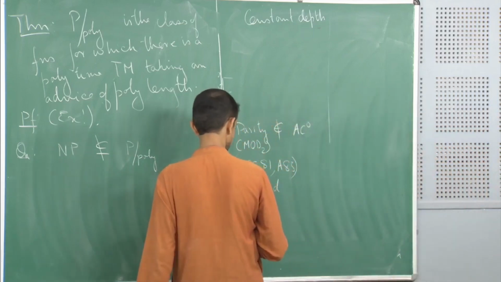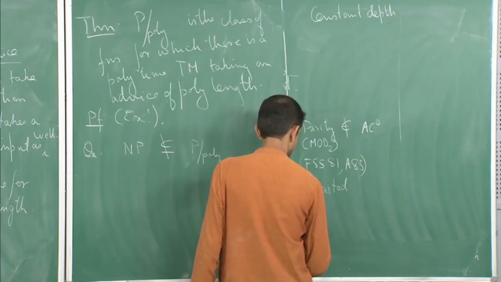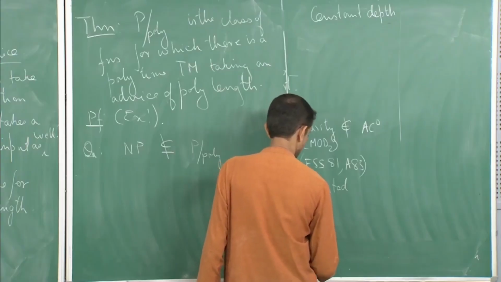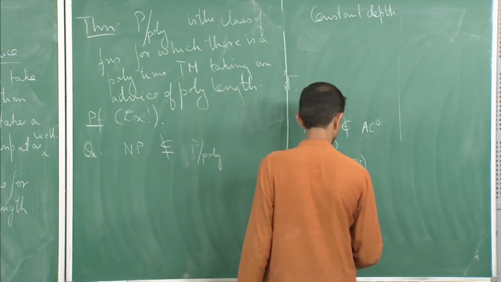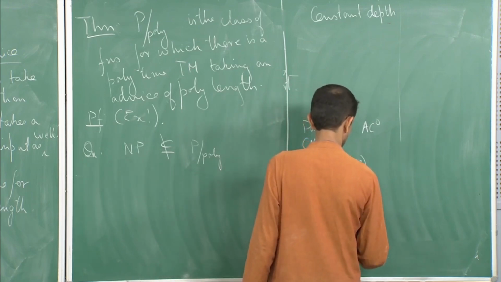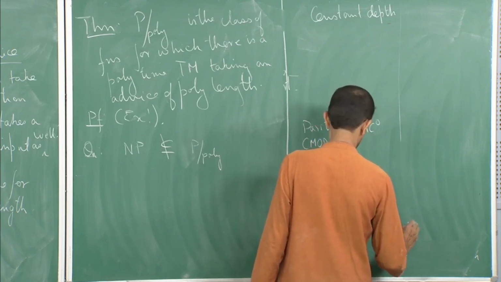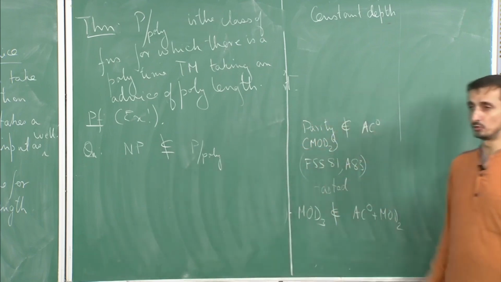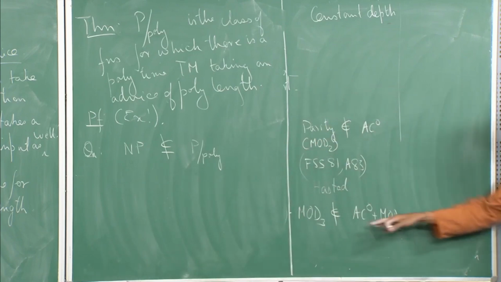What Razborov showed is that mod 3 cannot be computed by AC0 circuits plus mod 2 gates. So, even if I give mod 2 gates for free to the AC0 circuit, it cannot compute, for example, mod 3.